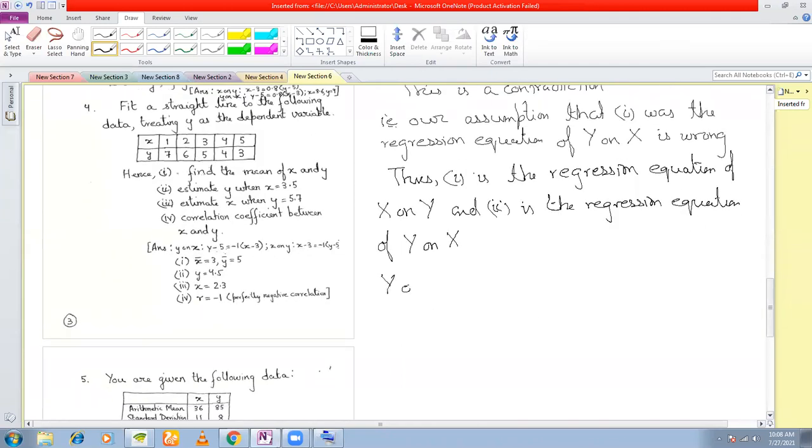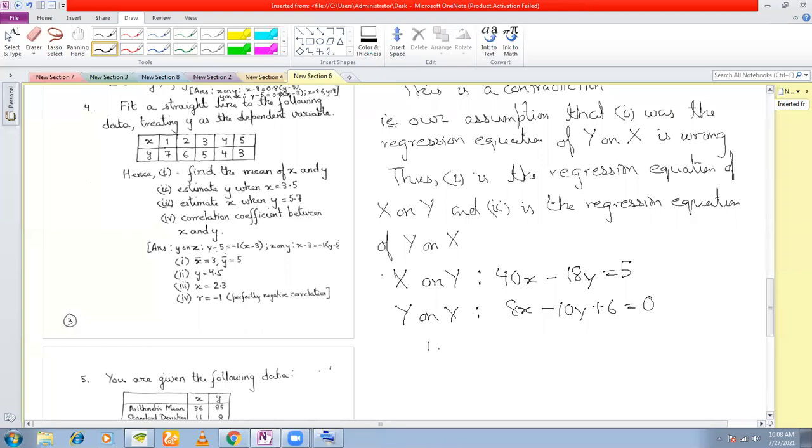Let's write it once again. X on y regression equation is 40x minus 18y is equal to 5. Y on x equation is 8x minus 10y plus 6 is equal to 0.